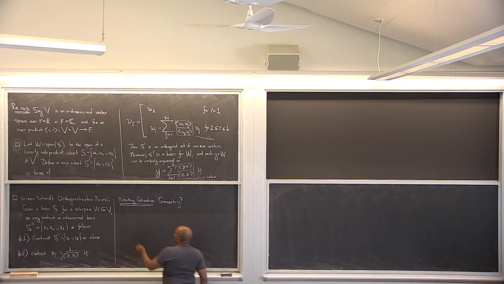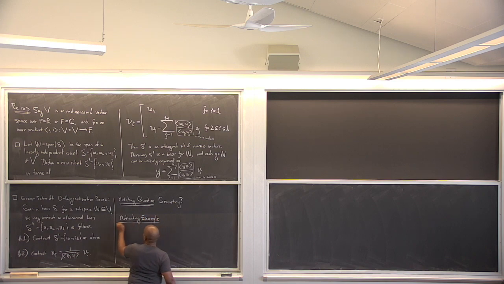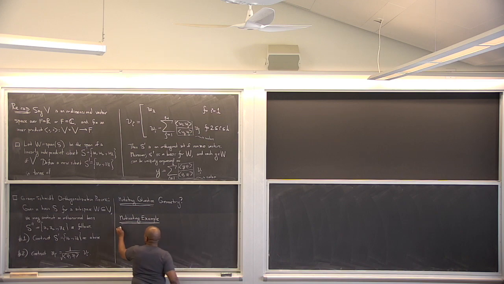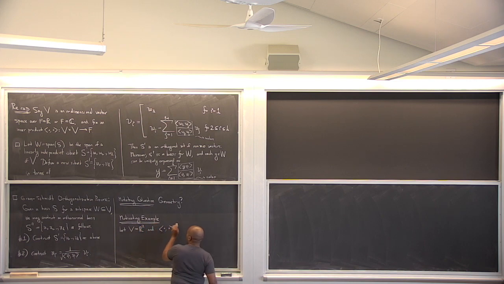So I'm going to go over this motivating example. Remember that we can do the following trick. Let V be R2, and let our inner product be the standard inner product.